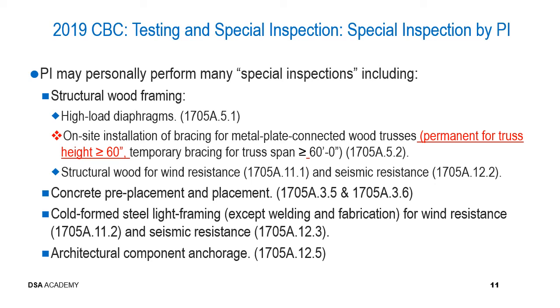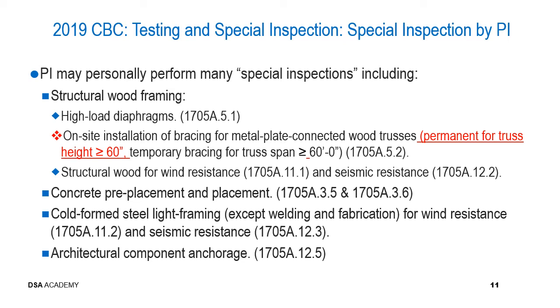It's going to be permanent for truss heights over 60 inches depth. And then also temporary bracing for truss spans greater than 60 feet. And that's per 1705A.5.2. And then structural wood for wind resistance and seismic resistance per these two sections noted here.